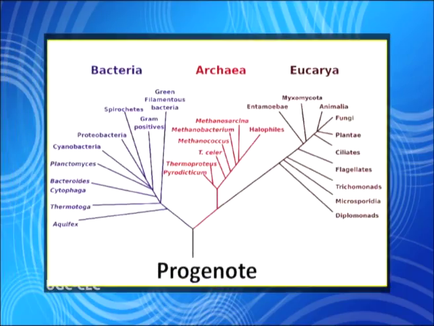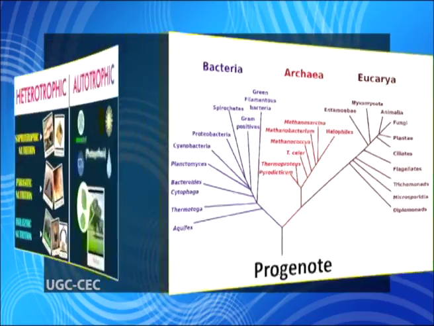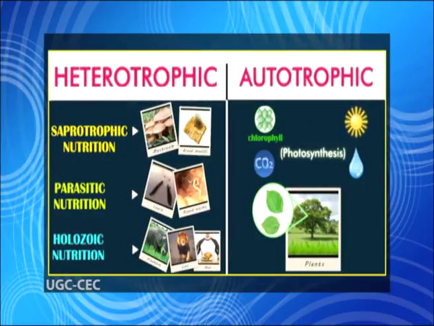It is believed that life has originated on the earth in oceans from a single cell. The cell called progenote has undergone diversification where metabolic diversity has occurred, and it has led to the formation of different types of microbes like autotrophic microbes, heterotrophic microbes, saprotrophic microbes, parasitic microbes, each showing a different type of metabolism.